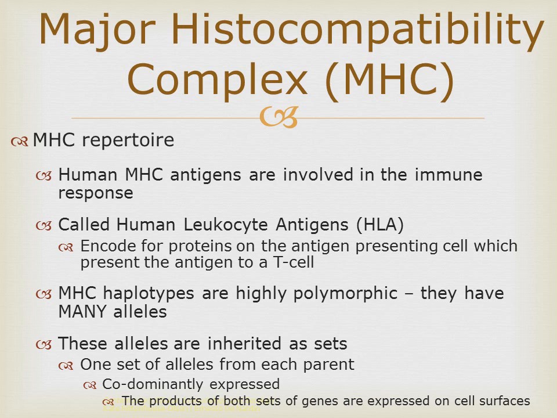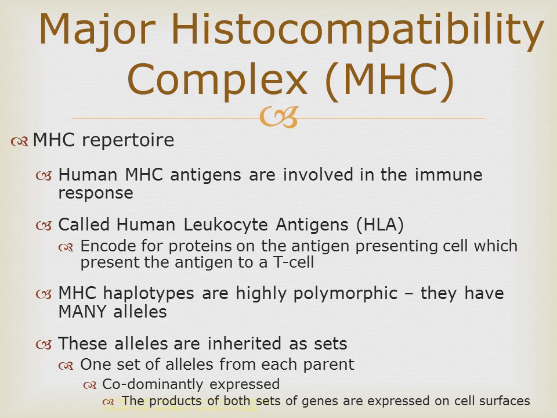We can nitpick and stipulate that MHC means the particular location on the genome, and HLA are the products that are coded for by that genome, but most people just use the two terms interchangeably, and that's what we'll do in class.